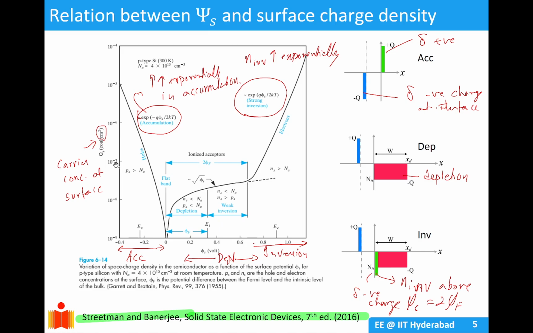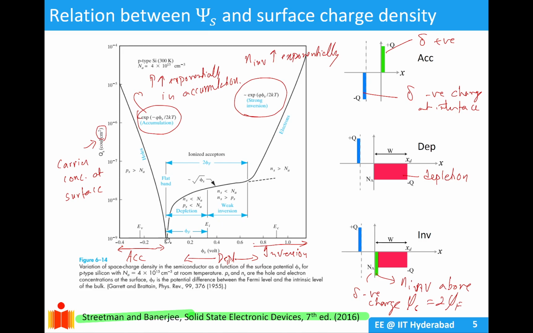So from here you can calculate the change in your space charges with respect to your psi s. Basically, this is your surface potential and this is your charge density.